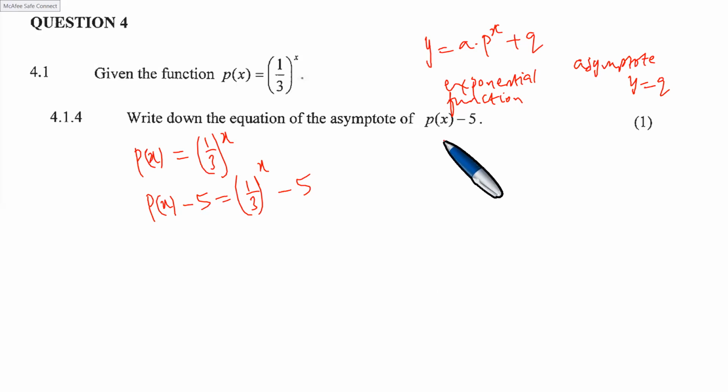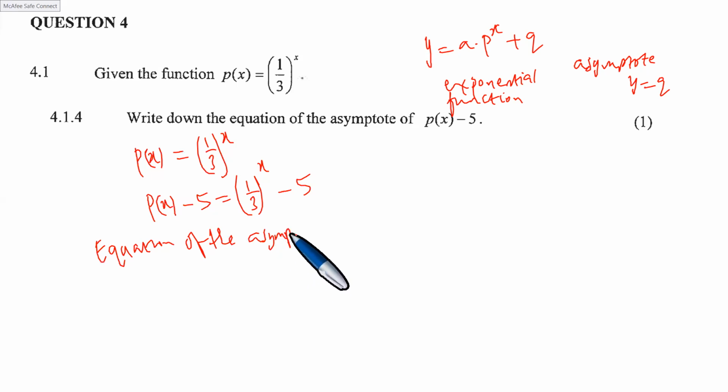Okay, the examiner just said, just write p of x minus 5. And then write down the equation of the asymptote. What is the equation of the asymptote? So the equation of the asymptote is y equals the constant.